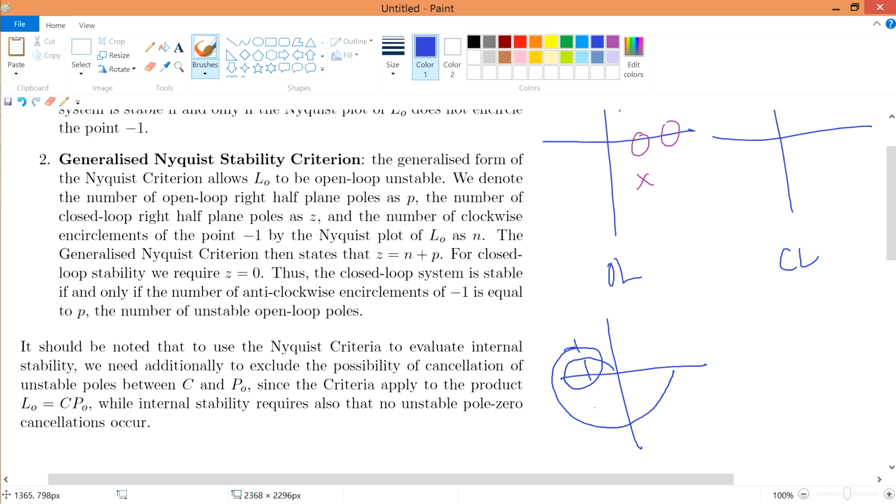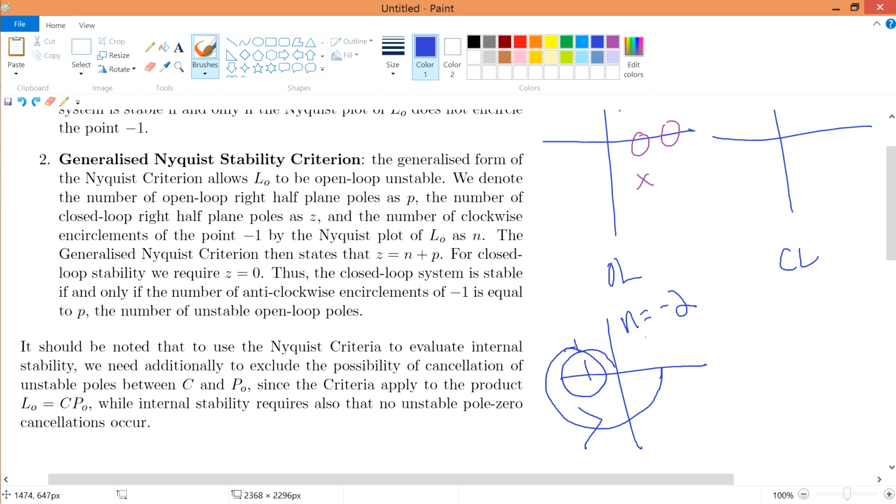I am encircling in an anti-clockwise direction, and therefore N is equal to -2. This N is not the number of zeros, but the number of encirclements of -1.